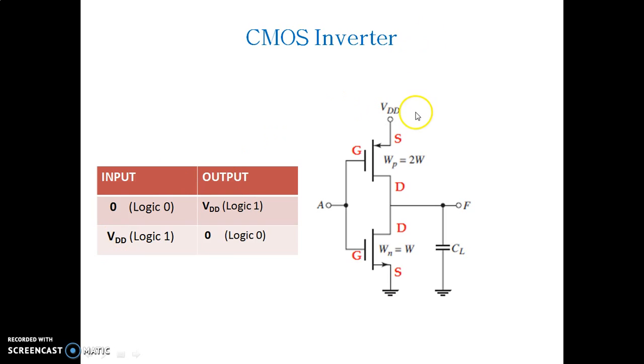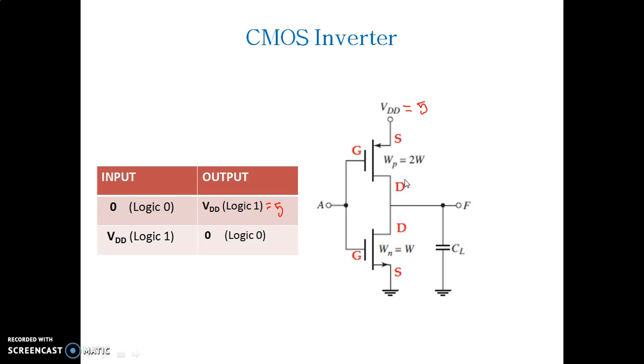Let us consider for this case that VDD is 5 volts and the equivalent logic 1 state voltage is also 5 volts. It may vary based upon the design. Just check carefully how the connections are made: source, gate and drain. The source of PMOS is connected to VDD. Now all these things we will reflect in designing the layout using Microwind software.